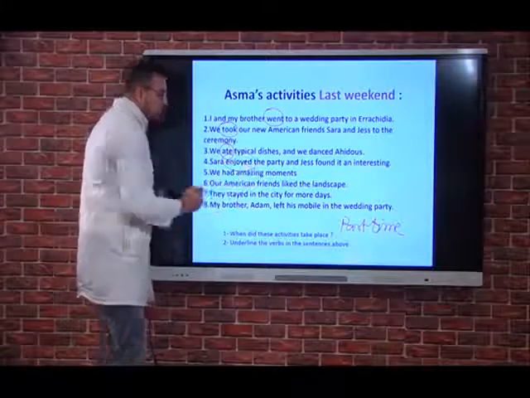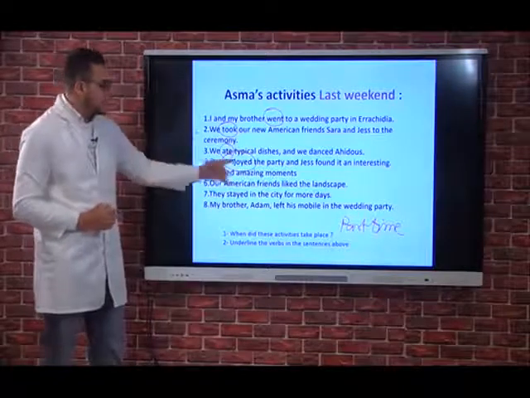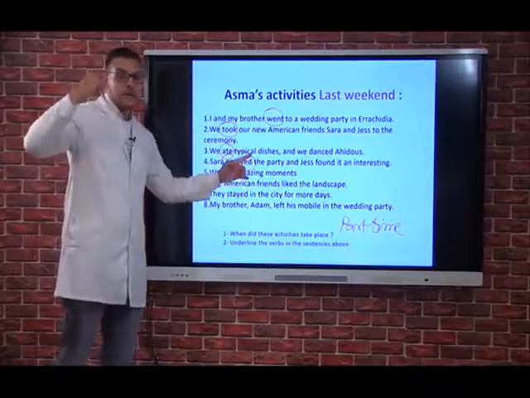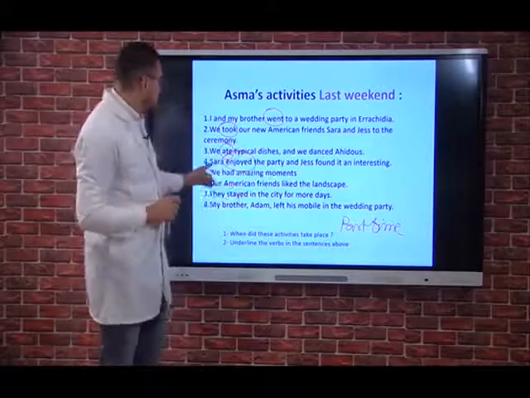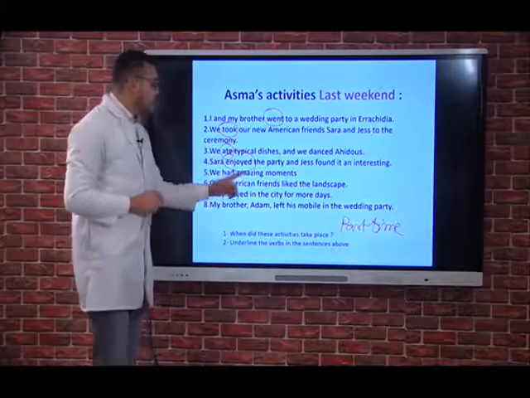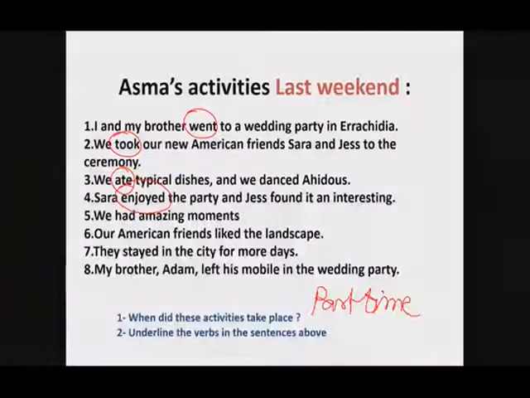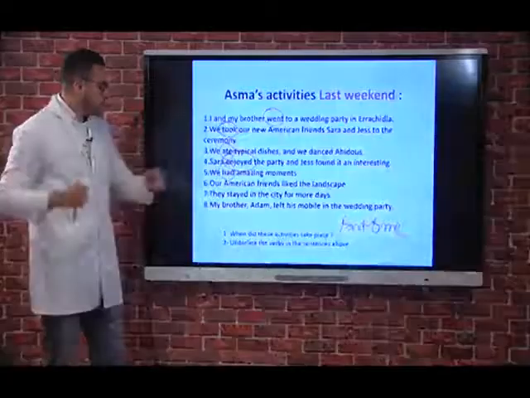The verb to enjoy with an ed, which we have seen in the last lesson, is the form of regular verbs. 5, we had amazing moments. The verb in here is the verb to have in the simple past, and we say had.